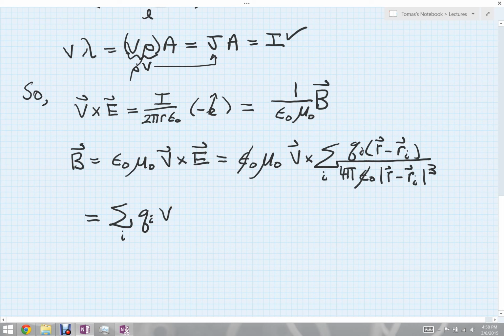So I can pull this v into the sum. Again, remember, cross products, as long as you don't switch the order of any two vectors, act like regular products. They're associative and distributive, so you can move them in and out of your summations at will. So I'm going to bring this into the sum next to the q.